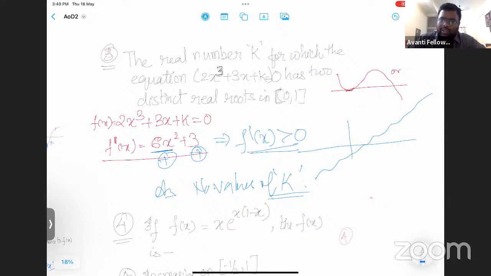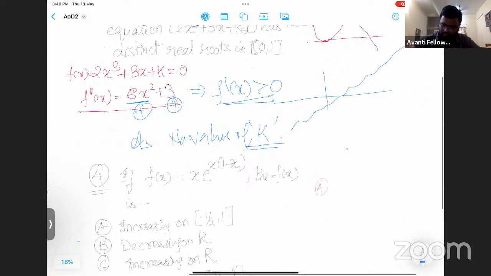If the slope is changing, going from the positive side to the negative side, and again changing somewhere, then we can say that somewhere it might cross 0 as well. But for us, what we got is f dash x greater than 0, and hence the function is monotonically increasing, hence it will have at most one root. Clear? Great. So we'll move on to the next question now.